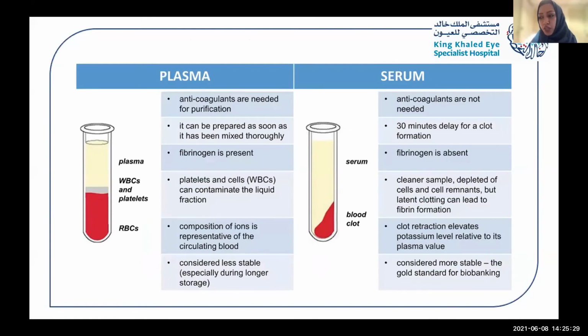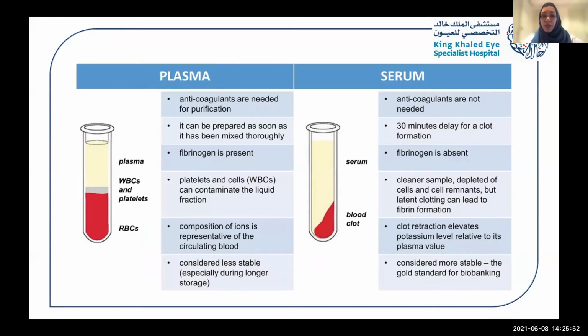Before I go to the next part, I need you to understand the difference between plasma and serum. What I was talking about just now was the serum. In the preparation, if you remember, I mentioned that you have to leave it to clot naturally for 2 hours at room temperature, so we don't need to put anticoagulants.